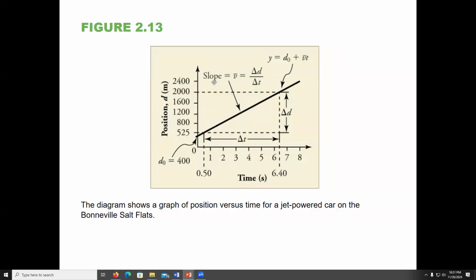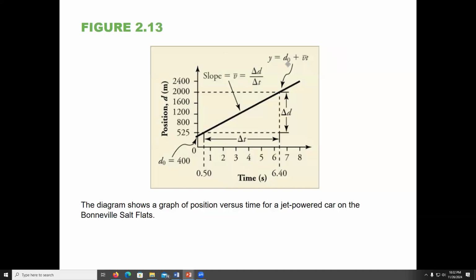Okay, so we know that y equals mx plus b, so we can modify this graph to have the distance that we covered in the y direction, and we know that our y direction is position. So the total distance we covered is going to equal d naught plus more.